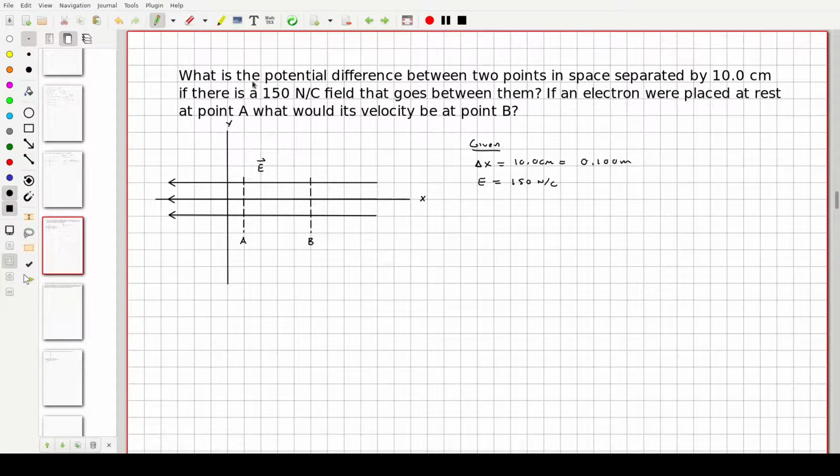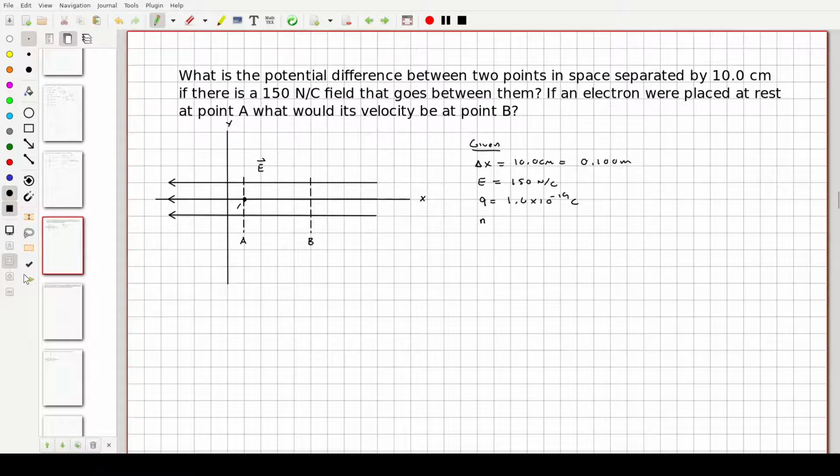I want to know what the voltage is between these 2 points in space, what the potential difference is. And I also want to know if an electron were placed right here, what would its velocity be at point B? Now, given that we're dealing with an electron, our charge, Q, is going to be 1.6 times 10 to the minus 19th coulombs. That's the charge of the electron.